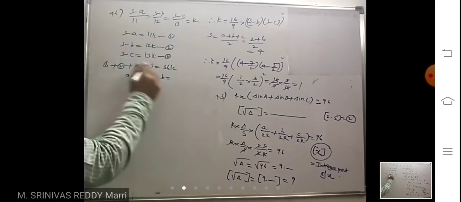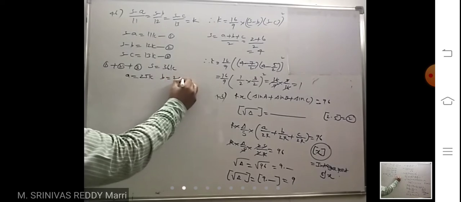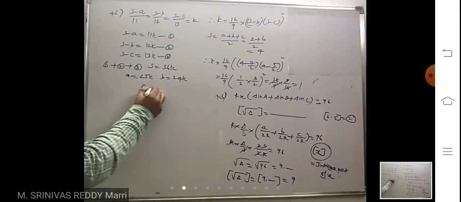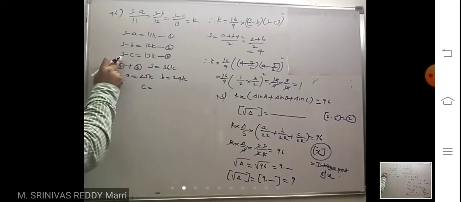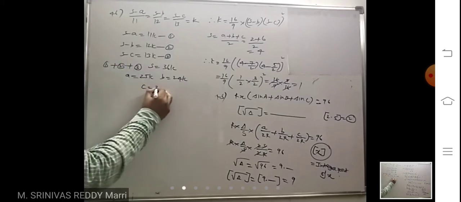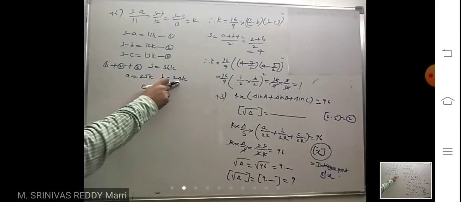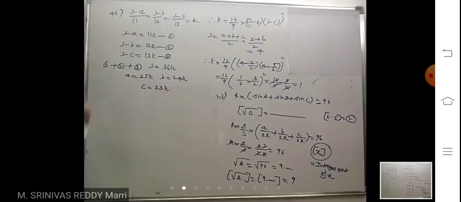B, if you substitute here, you will get 24K. C, if you substitute here, you will get 23K. Right? Substitute the S value here and you get 25K, this one, then 24K, and then 23K.